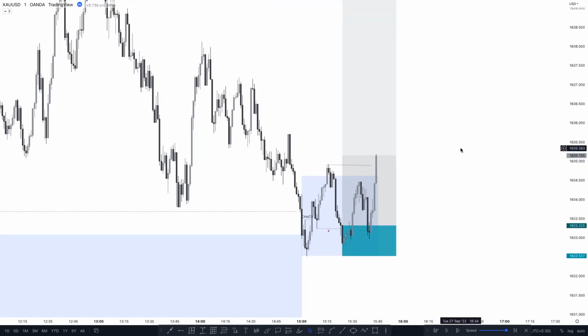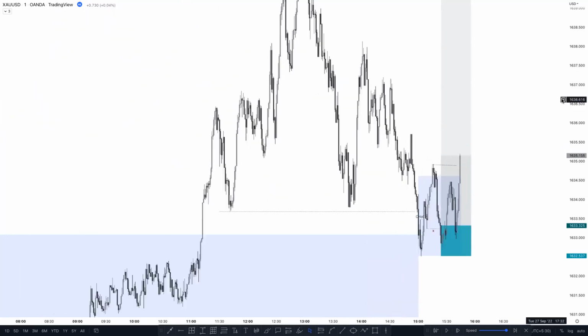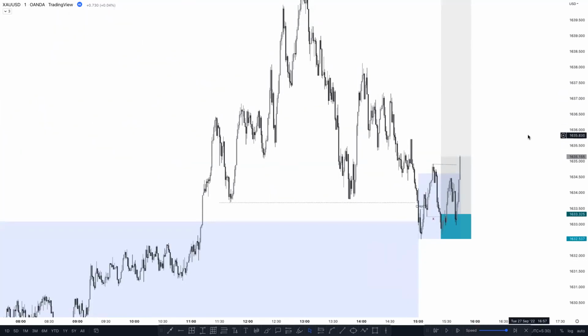But I recommend you don't add multiple positions until your first entry is at break even, okay? For safety purposes. Or you can take a small position. If you want to add, then you can take a small position, right? So this is our break even point.